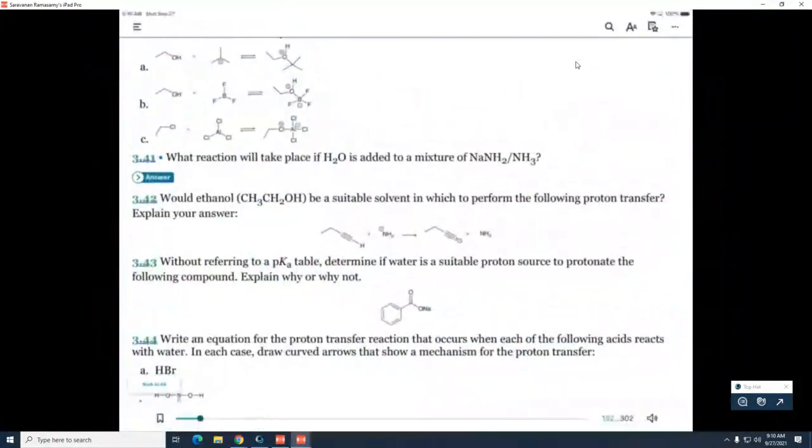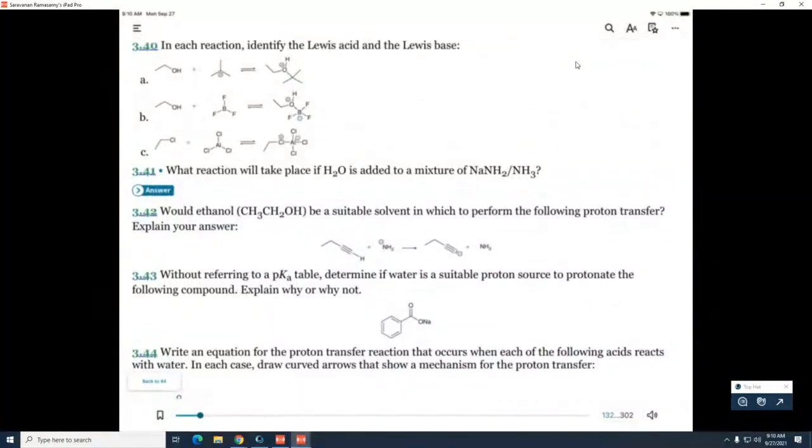We skipped a little topic in this chapter called counterions. We have a counterion, sodium, that just stays there. It doesn't do anything. The base part of this molecule is the benzoate, with a negative charge on the oxygen. The sodium is just a counterion.